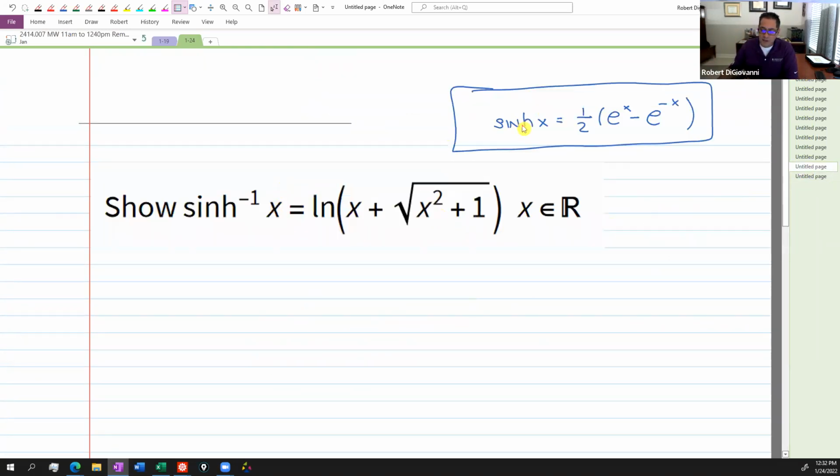I'm saying, here's this function, hyperbolic sine of x. Show me that the inverse of this function is this function. So I'm going to start with this, okay? Is it all right, everyone, if I call this up here y? And now, once I call it y, I switch the x's and y's, right? Everywhere I see a y, put x. Everywhere I see an x, put a y.